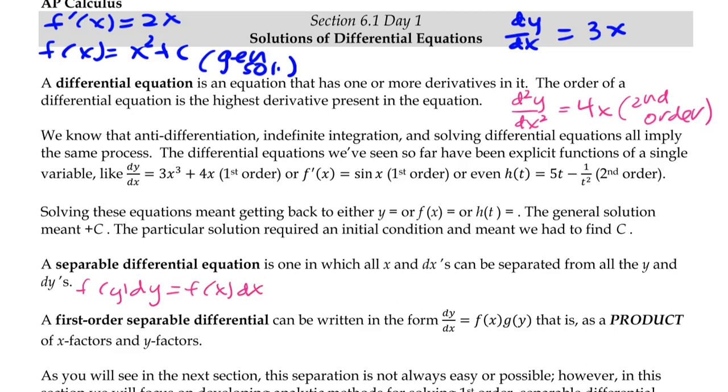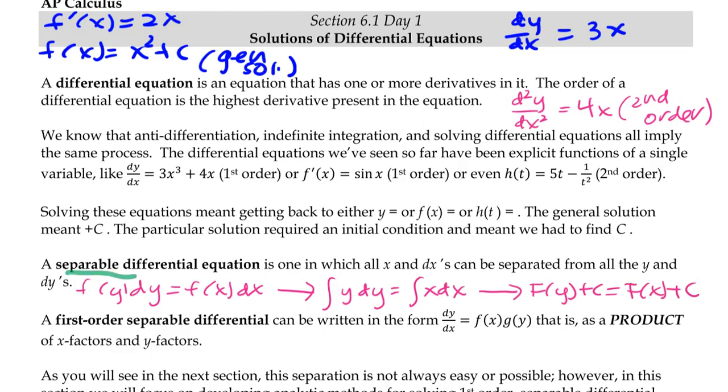If these are differential equations and we want to get back to the original function, we're going to be able to integrate both sides, and in doing so, we'll find out what the function was originally before the derivative. Again, we're going to explore a lot of this throughout this unit. Separable just means y's and dy on one side, x's and dx on the other.